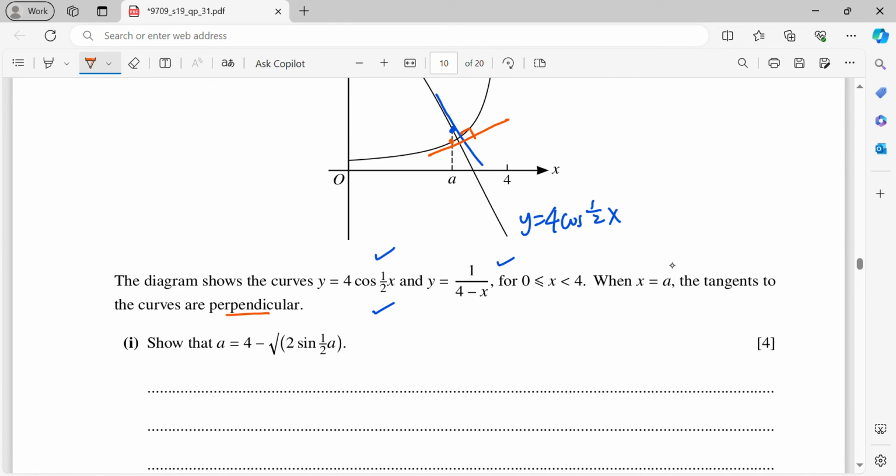Now I need to show that a equals to this expression. So what to do is, the gradients of tangents means dy over dx. So for both dy dx, I need to consider perpendicular.